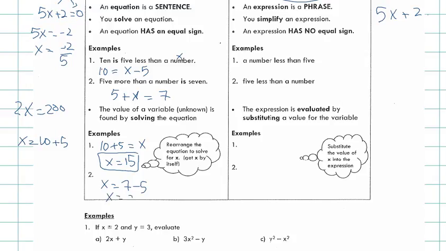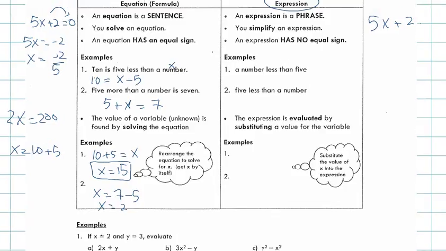Do you have any problems with the solving part? Is everyone okay with the solving part on this? No questions? Okay, so we're doing the opposite operation, we're okay with that? That's what I'd like to hear.